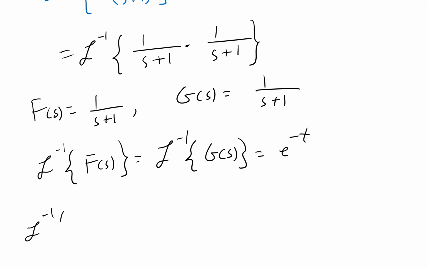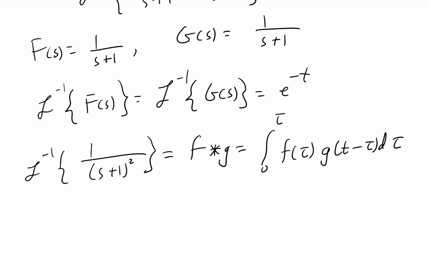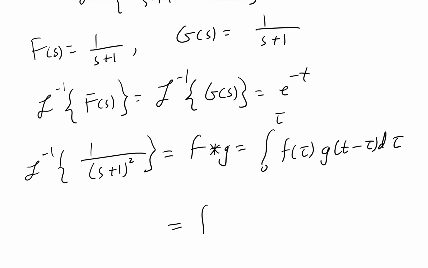Then the inverse Laplace of 1 over (s plus 1) squared is f convoluted with g. And that gives us the integral from 0 to t of f of tau, g of t minus tau, d tau. So what we get here, the integral from 0 to t of e^(negative tau) times e^(negative (t minus tau)). Notice how it's easy to confuse between tau and t. So what do we get after that?